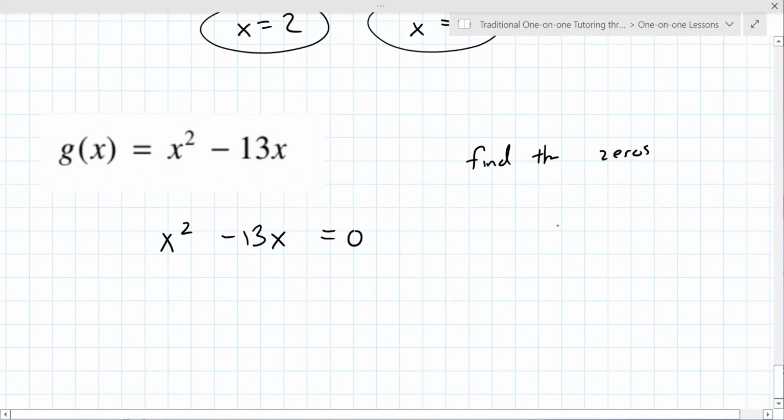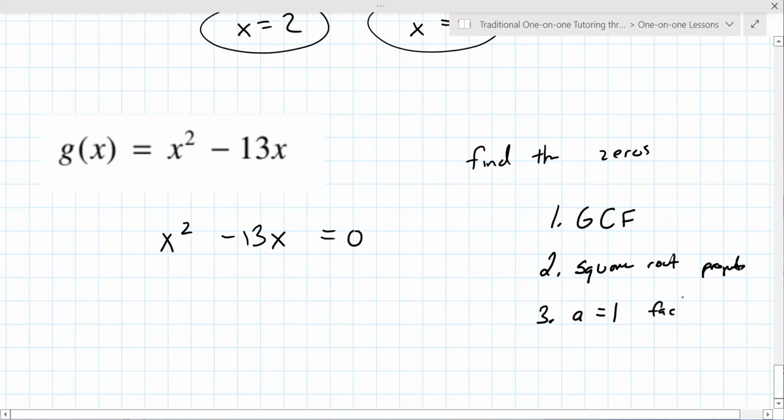And it says you may use any method. So let's go through some of the methods that we've talked about today. We've talked about greatest common factor. We've talked about the square root property. And we've used this a equals 1 factoring.